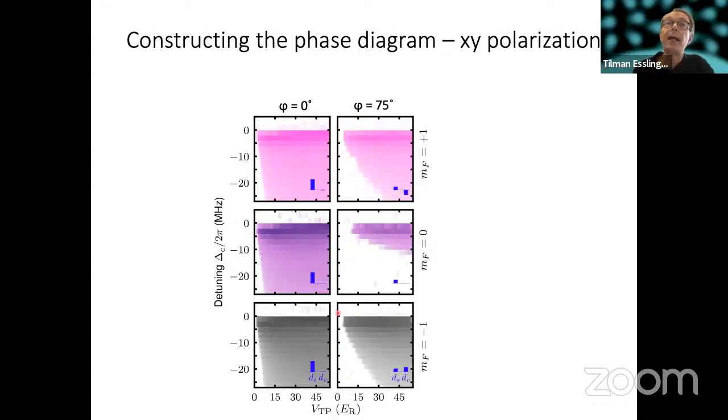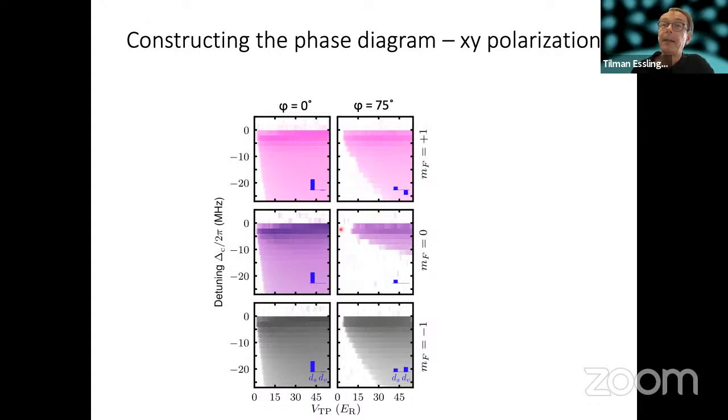At 75 degrees, the phase diagrams on the left looked basically the same. Here, we see that we can self-organize quite easily the mF=+1 and the mF=-1.